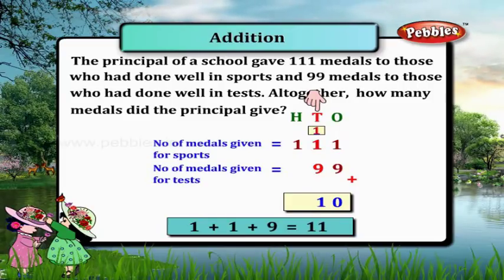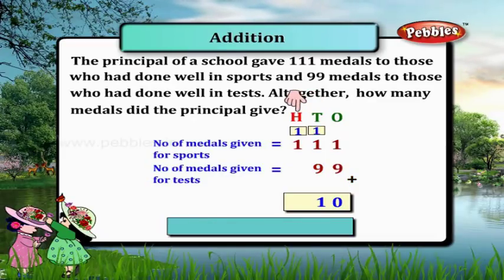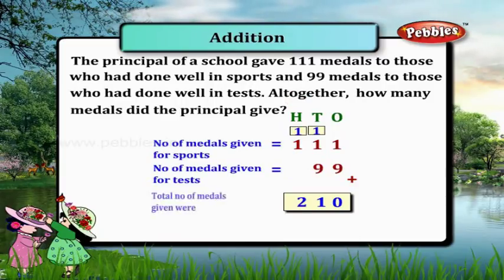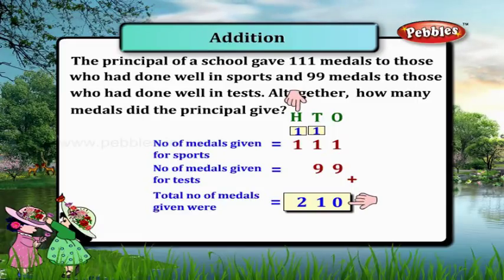Write 1 in the tens column and carry over 1 to the hundreds column. Add hundreds. 1 plus 1 equal to 2. Total number of medals given were 210.